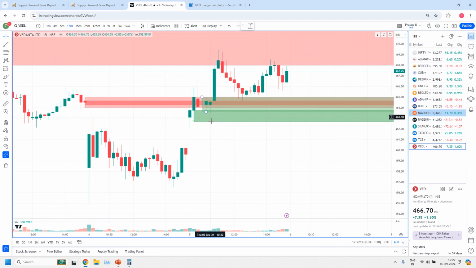This leg out creation took place from this 5-minute zone. Why did we give so much importance to this 5-minute zone? Because this 5-minute zone is responsible for the entire violation of this zone. Actually, we are supposed to depend on a 15-minute zone for the violation of this 15-minute supply zone. But why are we depending on this 5-minute zone? Because there is no 15-minute zone, we are depending on this.